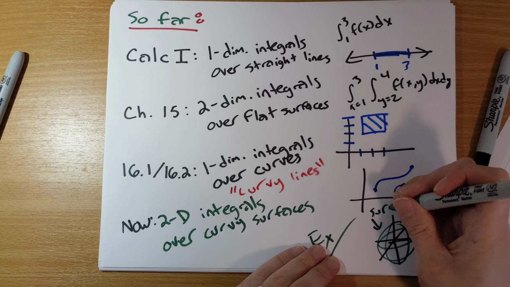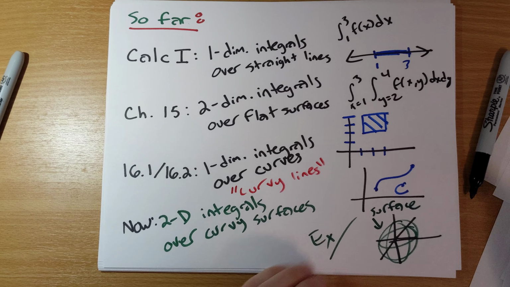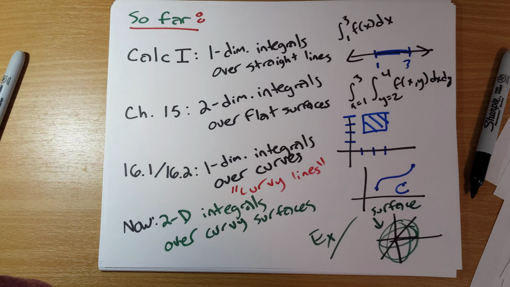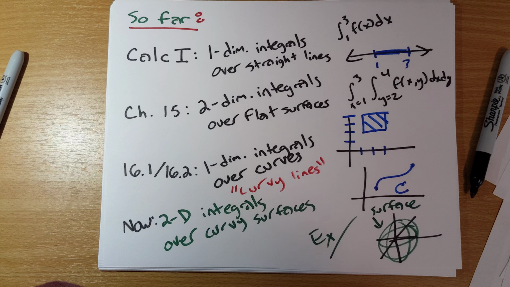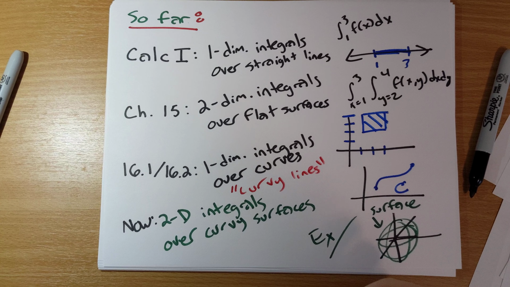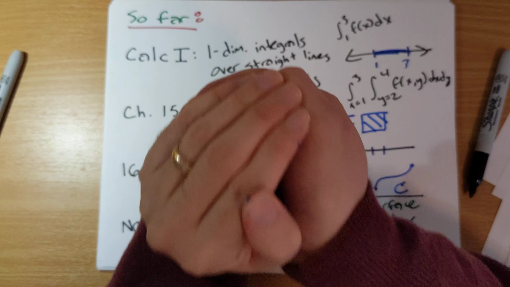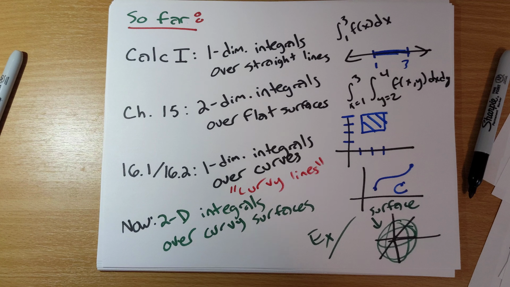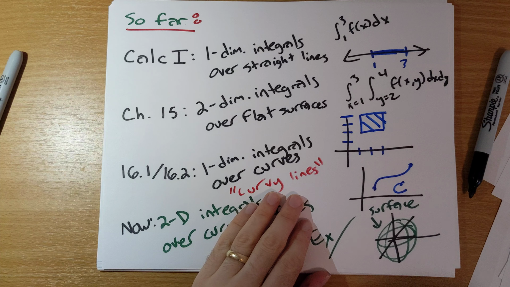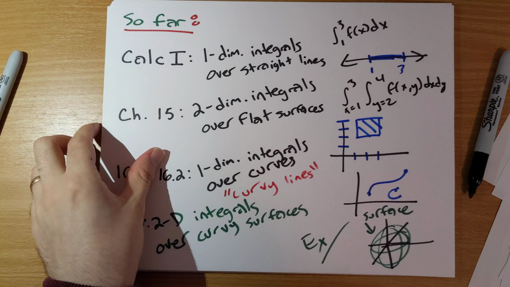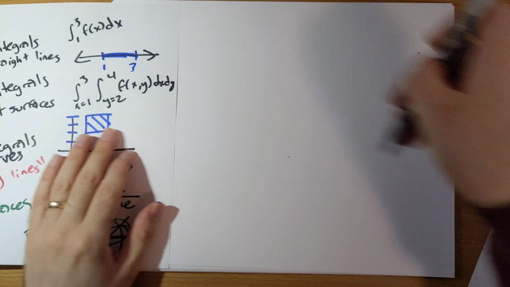I want to talk about the surface. So this is different than in chapter 15 when we had an integral over the 3D region that's inside the sphere, including the boundary and the inside of the sphere. Now we want to do a two-dimensional integral that's only over the boundary itself, the boundary of the surface here. So this is one example.